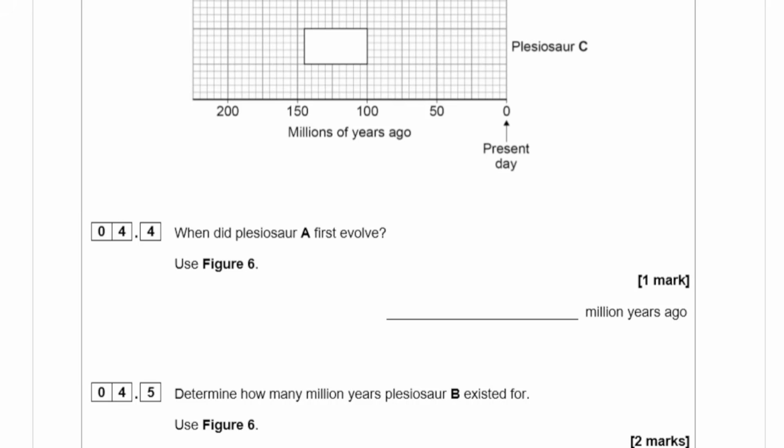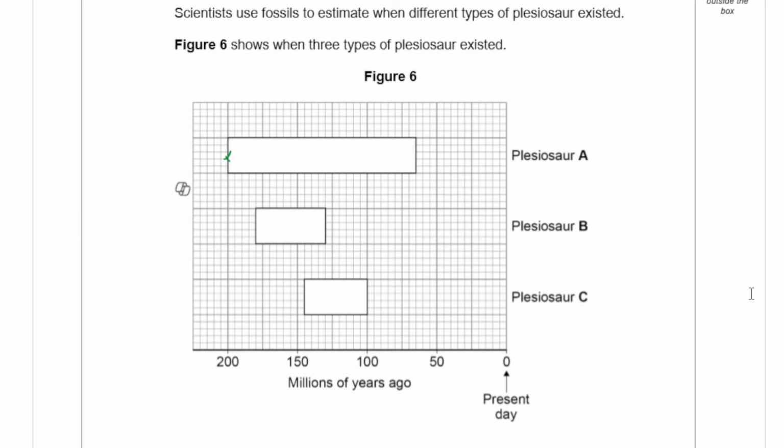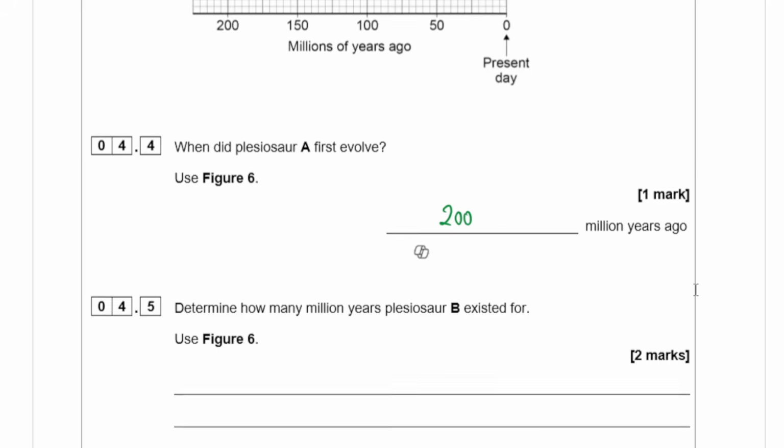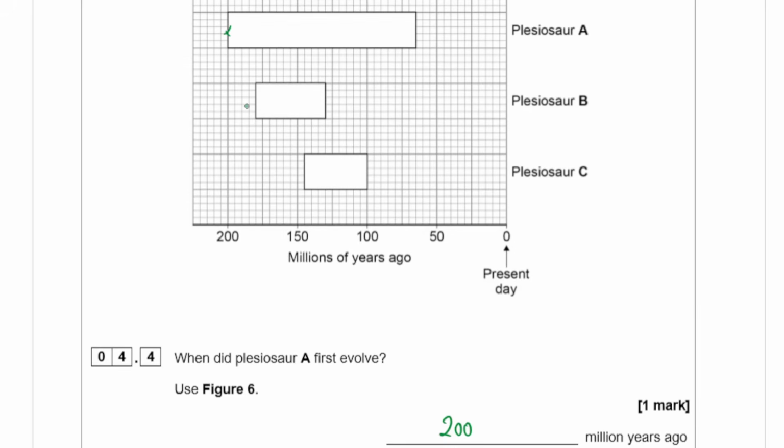Let me just double check that. Is it 200? No. Yeah, 200. Determine how many million years paleosaur B existed for. So how many boxes do we have?